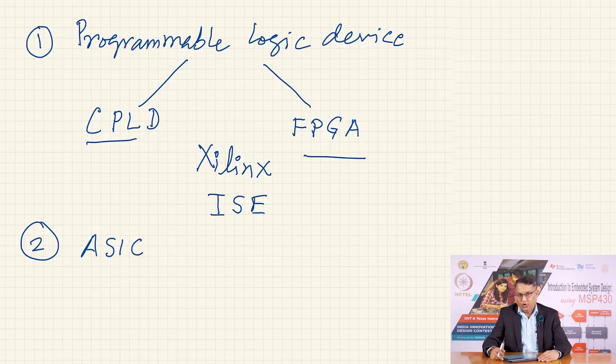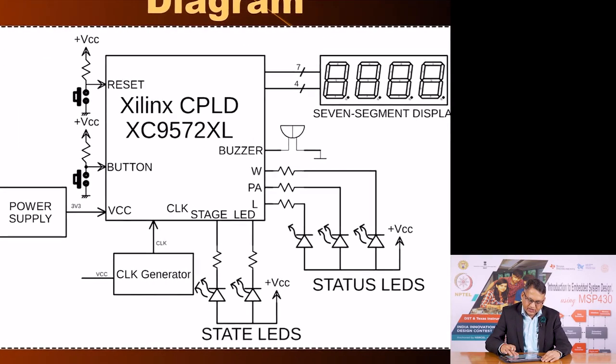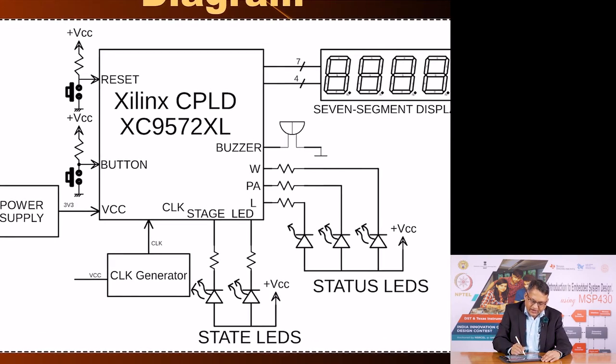Now, what we are going to show is how to take the code that we have written, compile it using an appropriate compiler, in this case the Xilinx ISE, and we will show implementation using a CPLD. This is the block diagram of the implementation. As you see here, is a Xilinx CPLD XC9572.